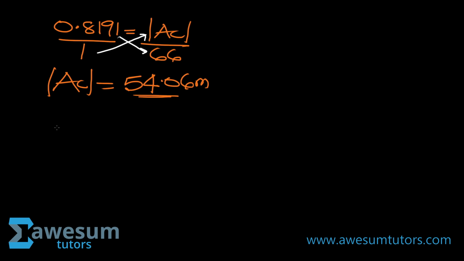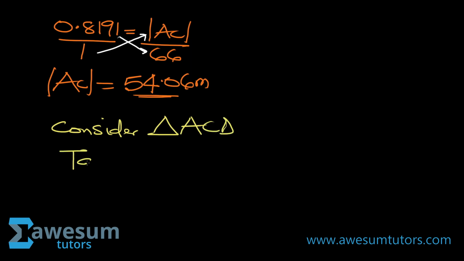So in this case now, I can come here and say, consider triangle ACD, which we have already learned that tan, we are going to use TOA, right? Tan of y, because we don't know y, that's what we are looking for, equals opposite.